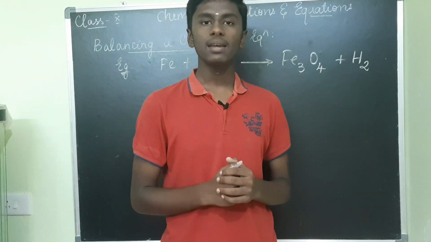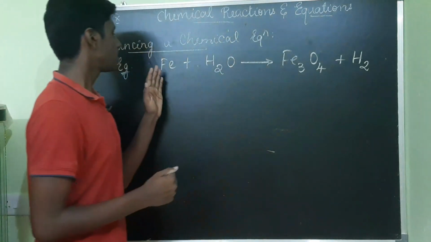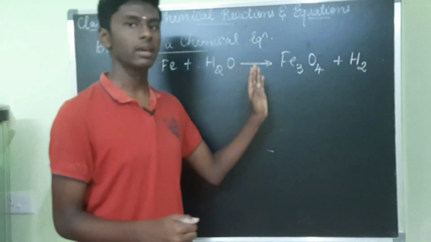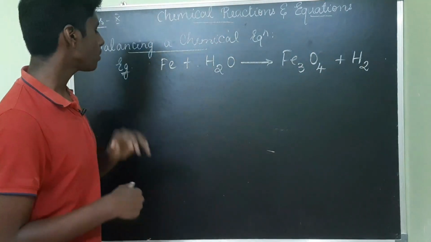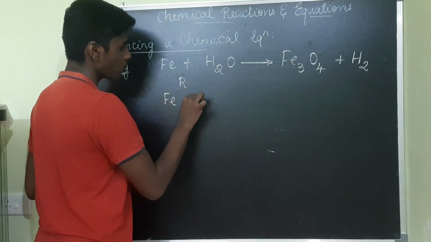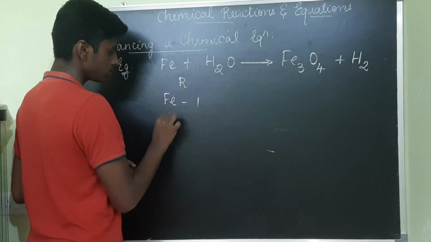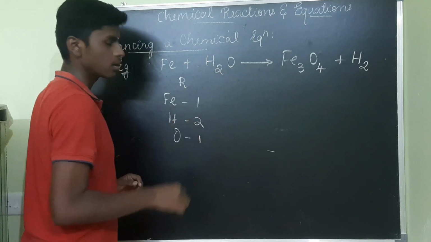Now we'll try to balance a slightly more complicated chemical reaction: Fe plus H2O gives Fe3O4 plus H2 gas. Let's write the reactant side: iron atom 1, hydrogen 2, oxygen 1.